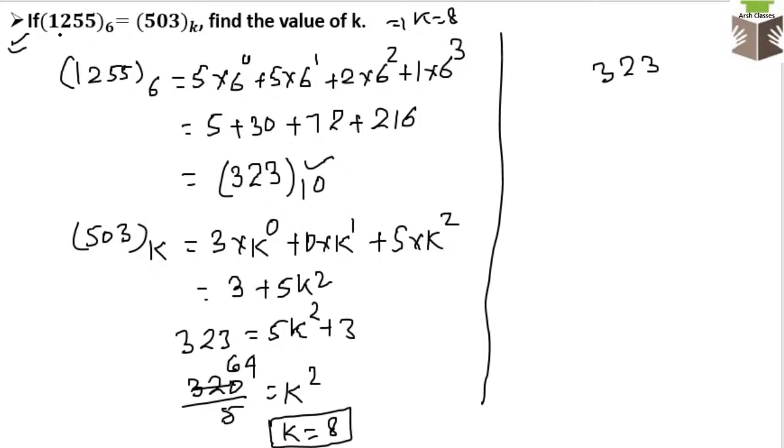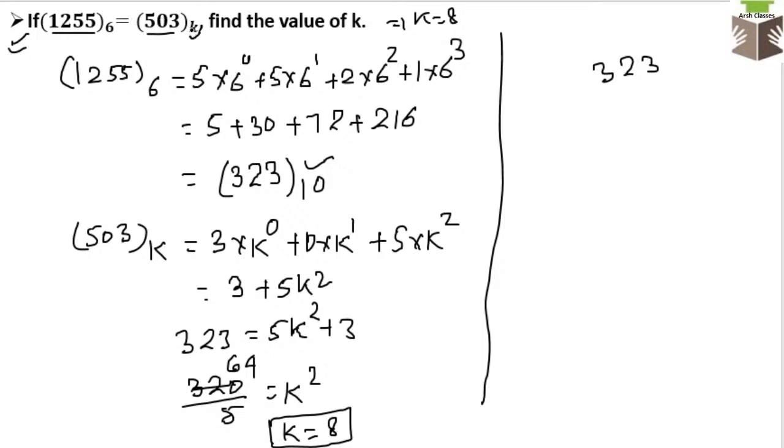So from here you can see the number here is 1255 and here the number is 503. This is basically less, which means k must be greater than 6, definitely guys. And as you know, the largest digit here is 5, so we cannot write 5 when the base is 5 or less. So the base has to be more than 5, and the minimum possible value is 6. Because if this is also 6, the number will be the same.